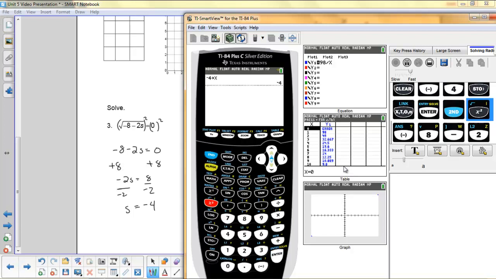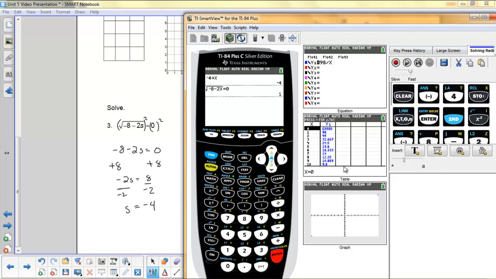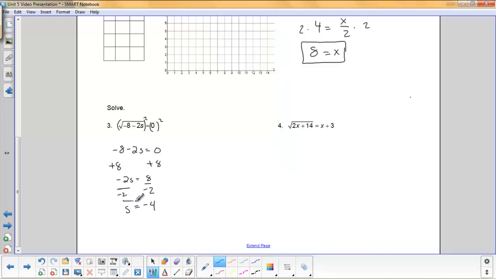Then I'm going to rewrite the equation using the test key. You'll see that as soon as I get to the place where I need to find my equal sign. And once I hit enter, I get a result. That result will either be 1 or 0. 1 is true, 0 is false. That's how you check to make sure that your answer is not extraneous.